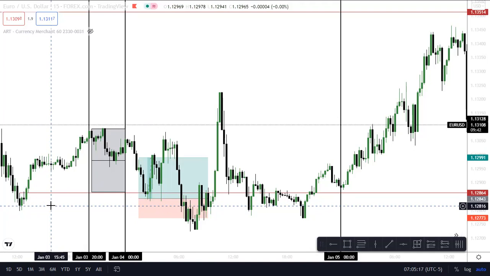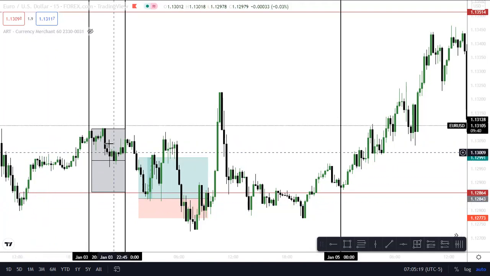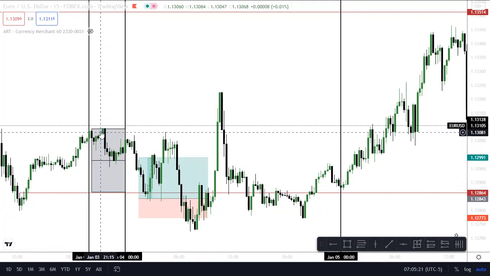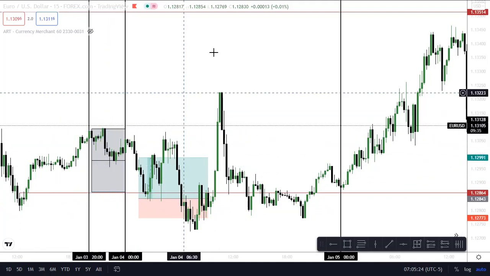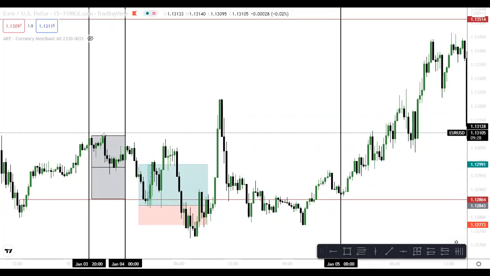Okay. Here's the Asian range. This is a range. If you look at the structure of this range, you should see, if you have been watching my videos for any time, this drop, then a pullback, then another push down, right?